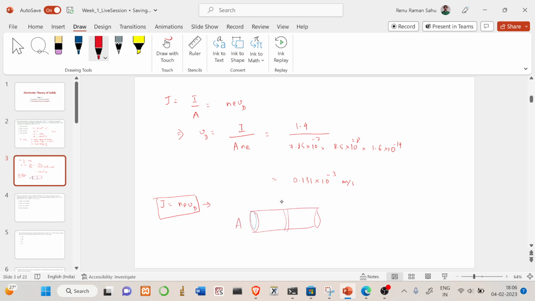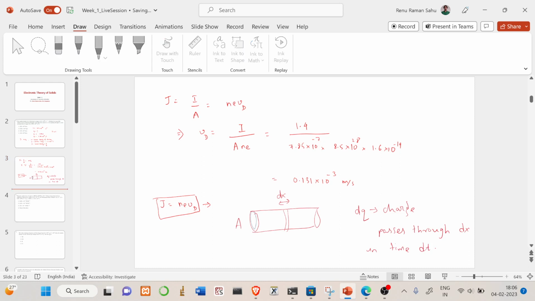This is some metallic wire, and this is some distance dx. Let's say dq is the charge which passes through this distance dx in time dt.